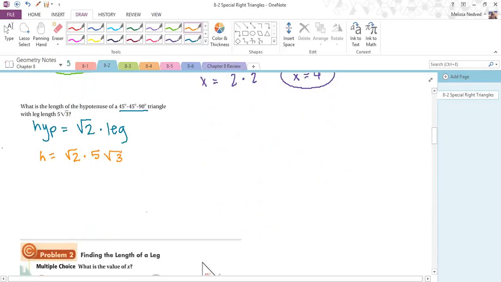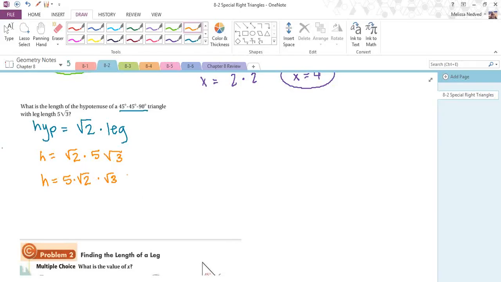So again, your answer will never be completely simplified if you have two radicals being multiplied by each other, because we can simplify multiplying radicals. And again, I'm just going to start by rearranging my terms, leaving the integer out front. Square root of 2 times the square root of 3. Now, hopefully you remember probably from an algebra class about some properties of radicals.